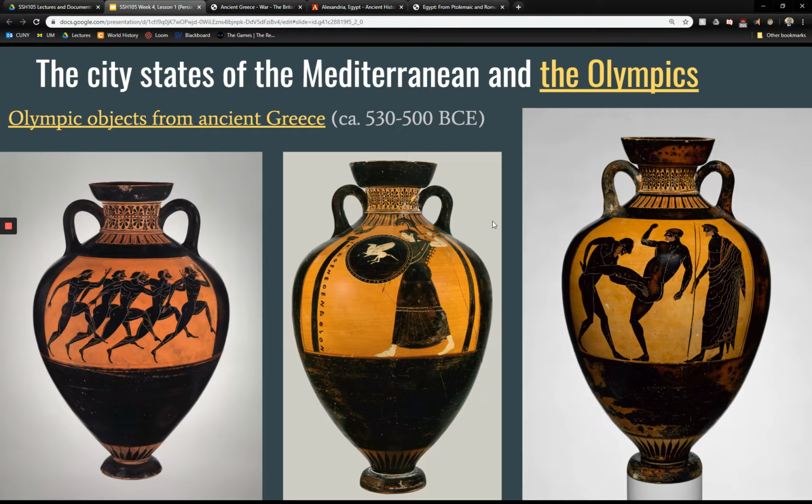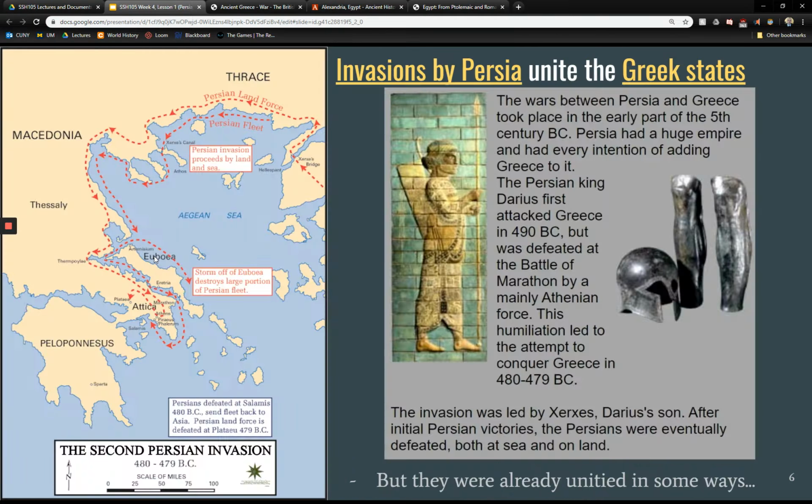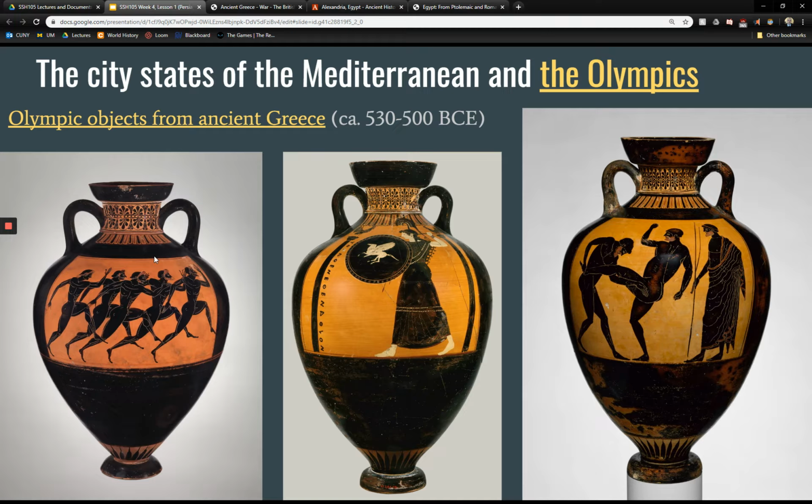One example of this, the biggest example, is the Olympics. So if we go back just a couple slides here, people from throughout the Greek states would meet in Olympia, which was one of the states, for the Olympics, for many hundreds of years, and prior to the war with the Persians. And we have some objects from ancient Greece that describe the Olympics through their imagery.